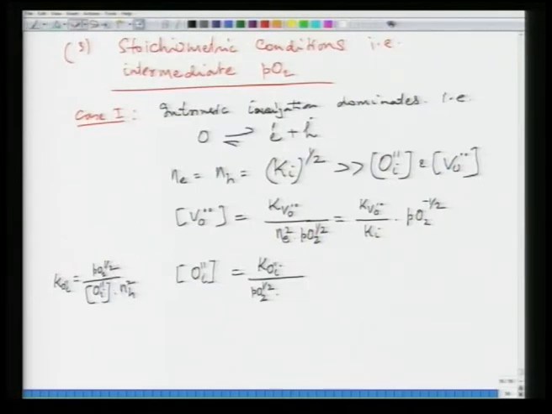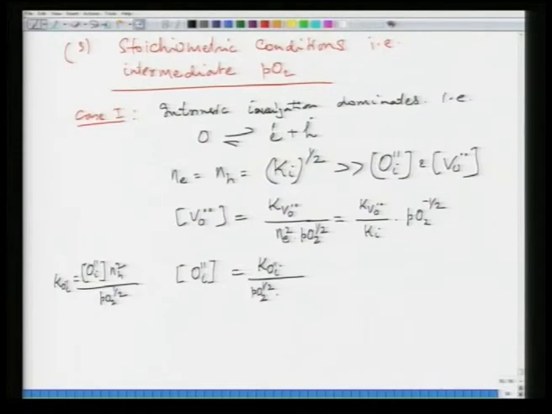Oh no, so KOI was equal to OI into NH square divided by PO to the power half.